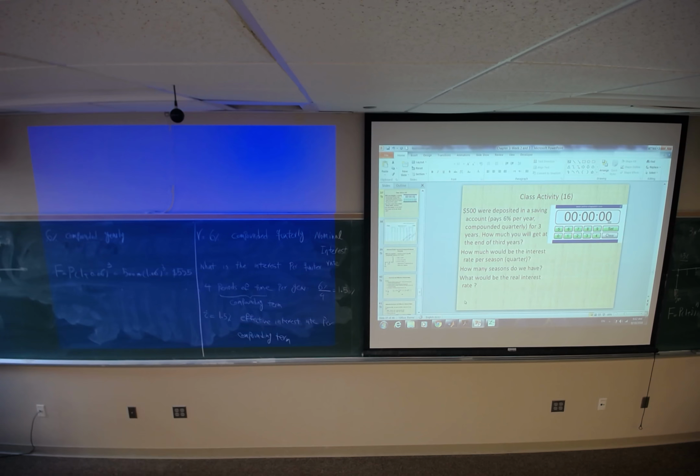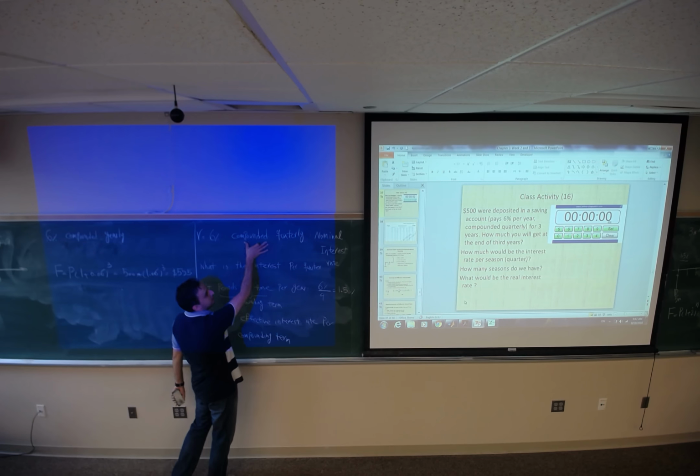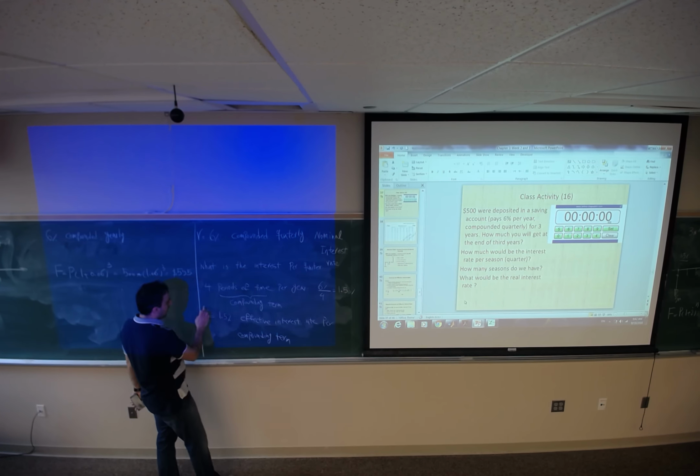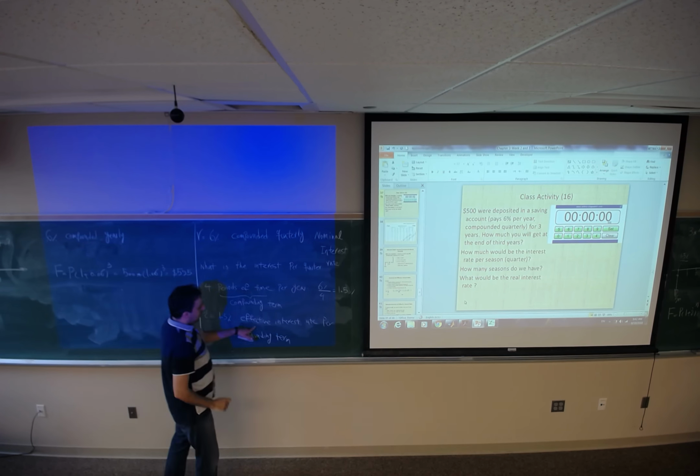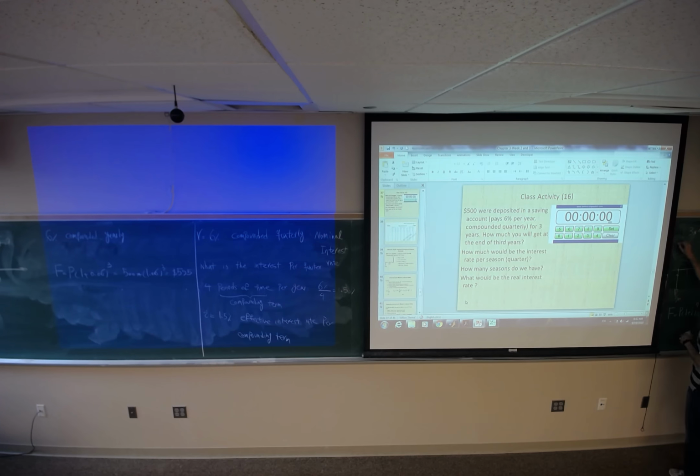So I defined R when interest rate is given per year, but the compounding term is different than a year, as the nominal interest rate. I defined I as the effective interest rate per compounding term. I defined M as the number of compounding periods per year.